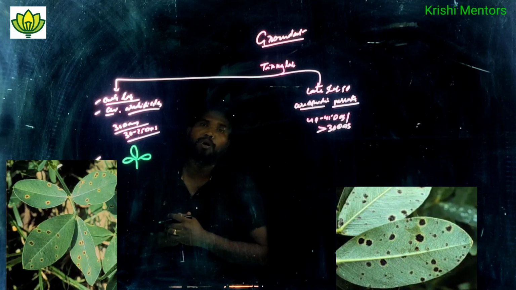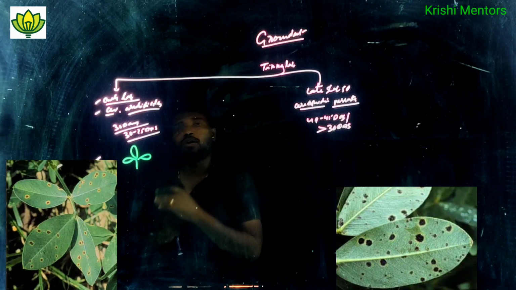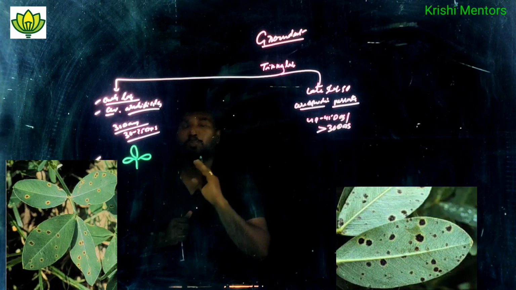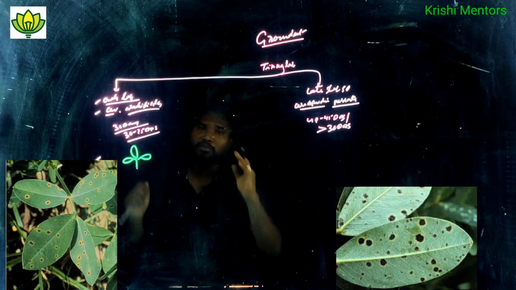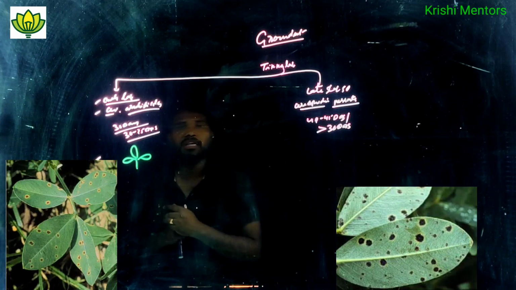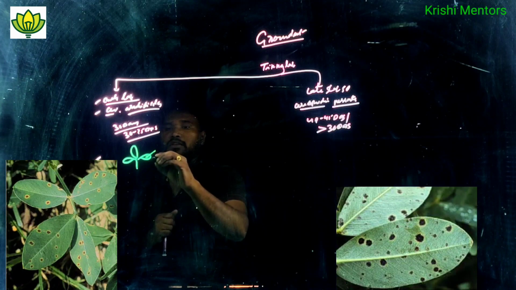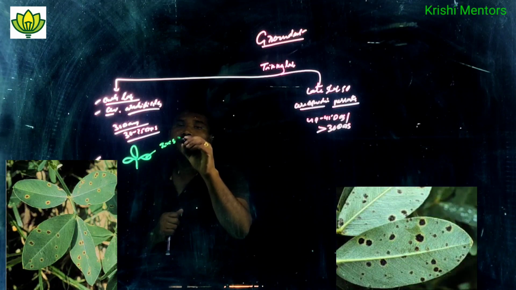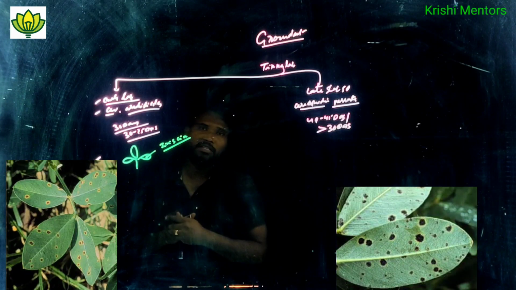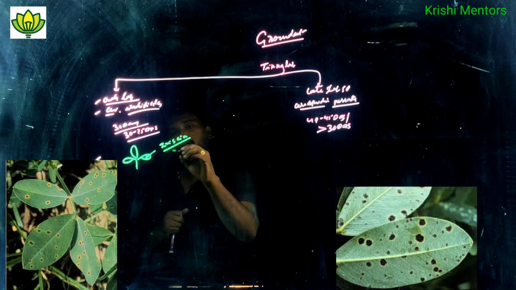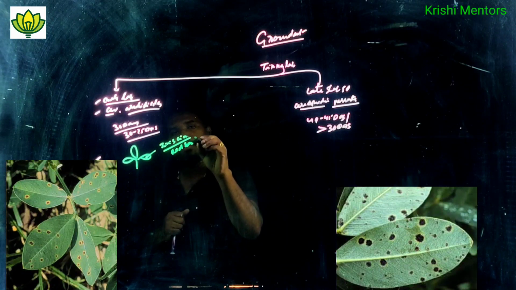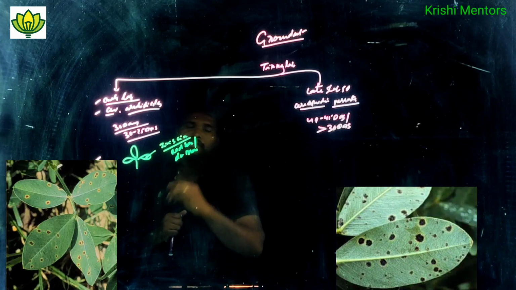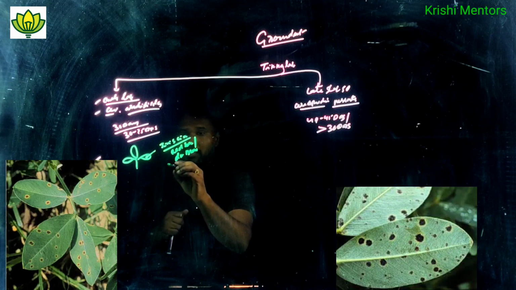Small chlorotic spots appear on the upper surface of the leaf with a definite border. These spots enlarge into irregular circular shaped spots at a later stage. These spots are either reddish brown or dark brown in color.